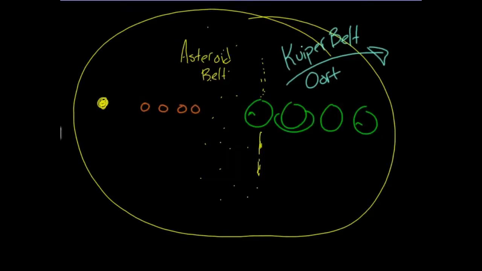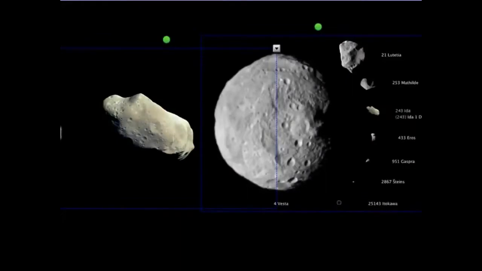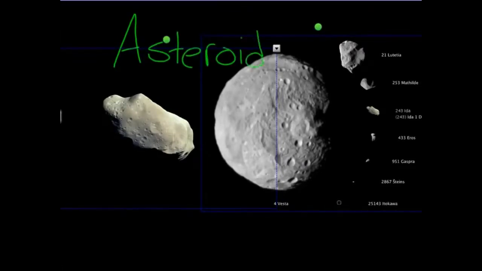Now, thinking of the term asteroids, all an asteroid is, is a big clump of rock. So an asteroid is a big, huge clump of rock that's hanging out in space.